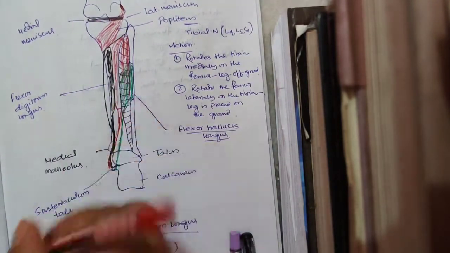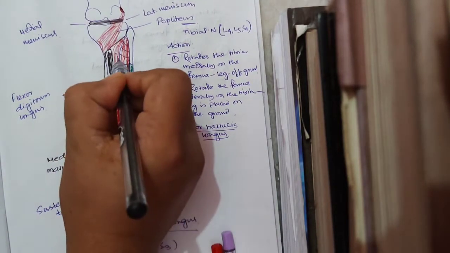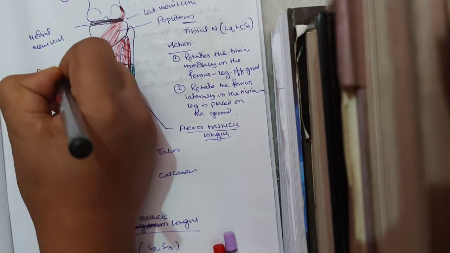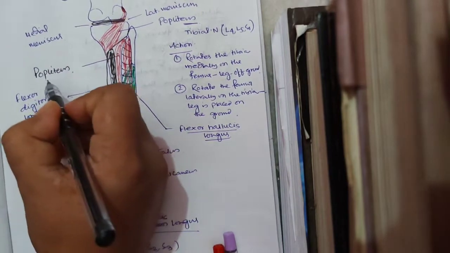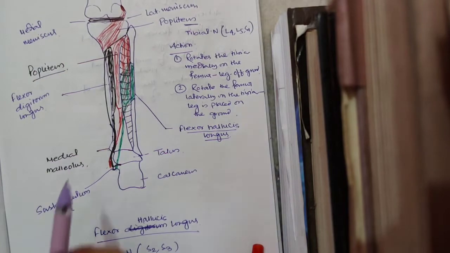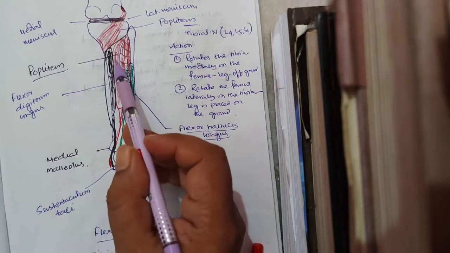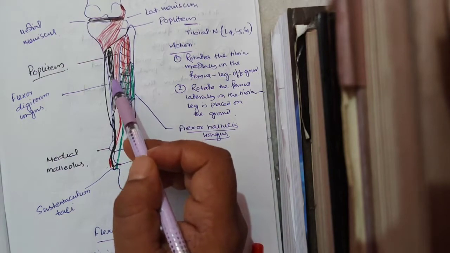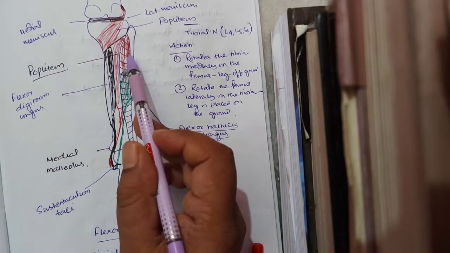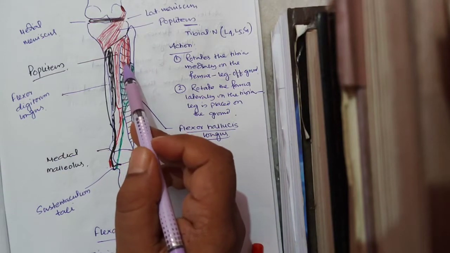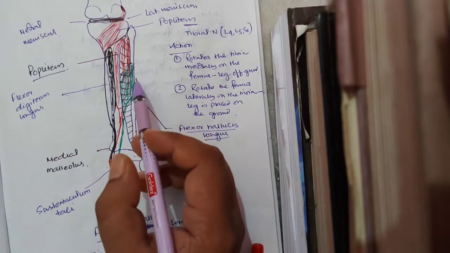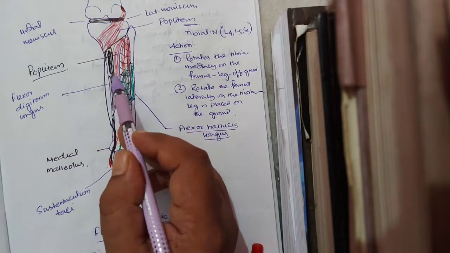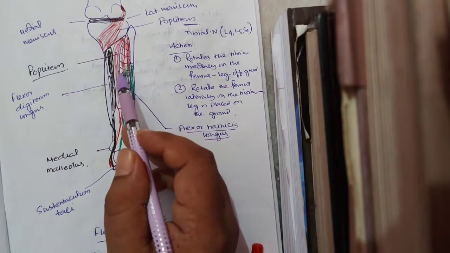So the origin of the muscle: first, the upper two-thirds of the lateral part of the posterior surface of the shaft of the tibia, and the upper two-thirds of the medial part of the posterior surface of the fibula, and between them there is a membrane, the interosseous membrane.